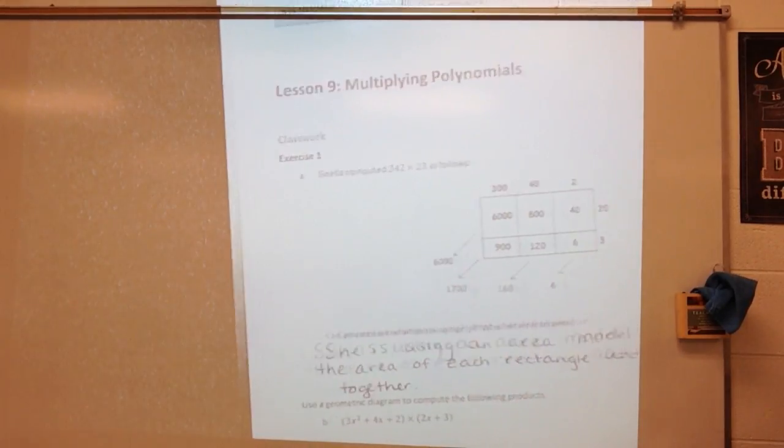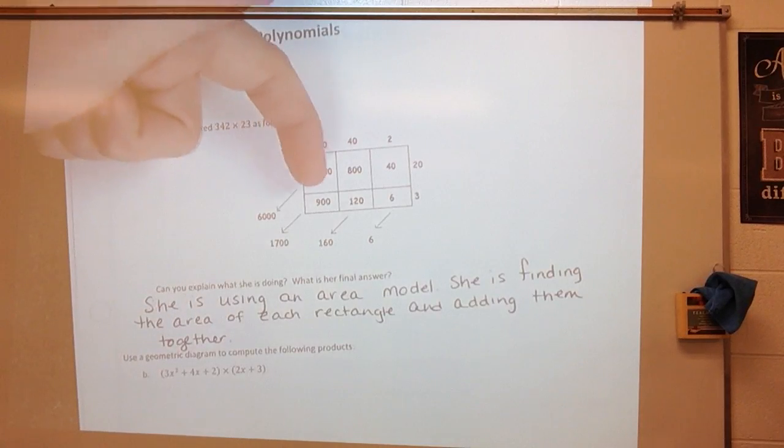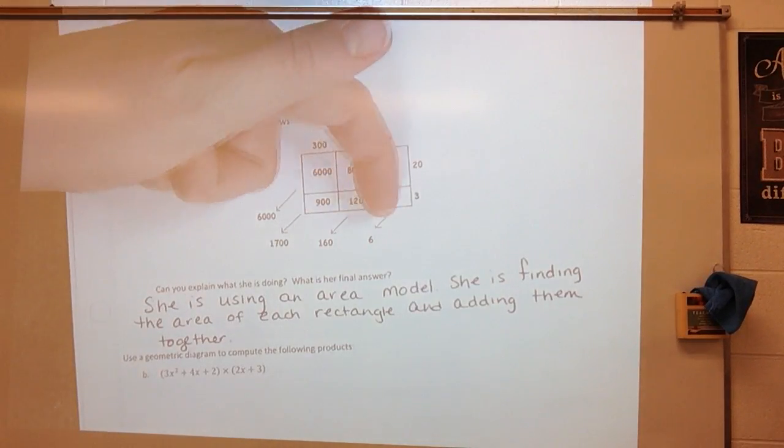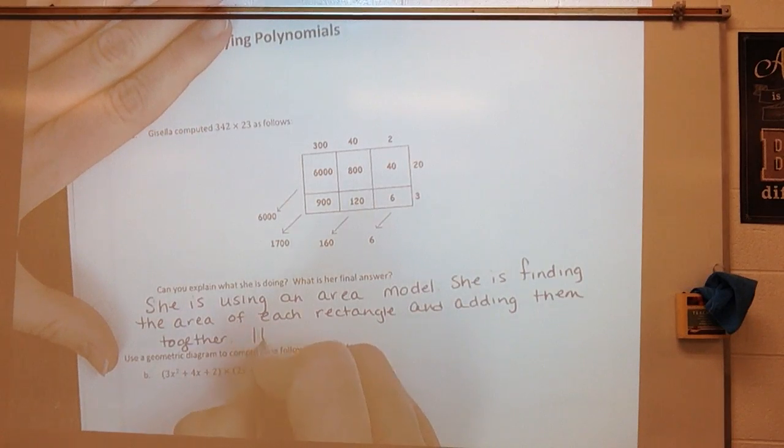Alright? She is making sure she's finding each area of each rectangle, and then she's going to add them together. So it wants to know, what is her final answer? Well, if I add all of this together, her final answer is 7,866.